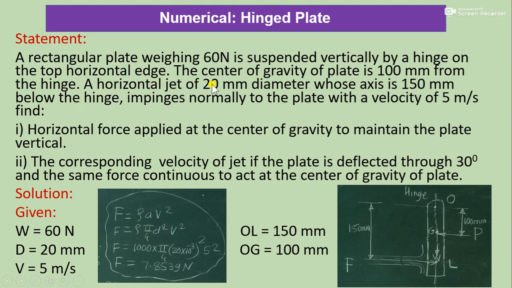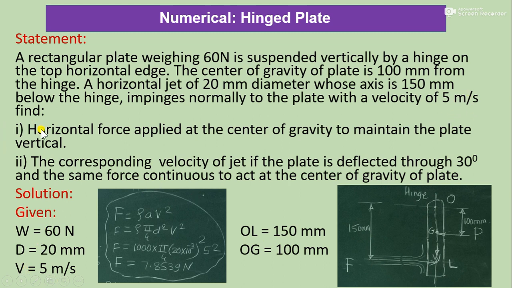A horizontal jet of 20 mm diameter whose axis is 150 mm below the hinge. So the distance of the jet axis below the hinge, that is distance OL, is given as 150 mm. Now the jet velocity is given as 5 meter per second.